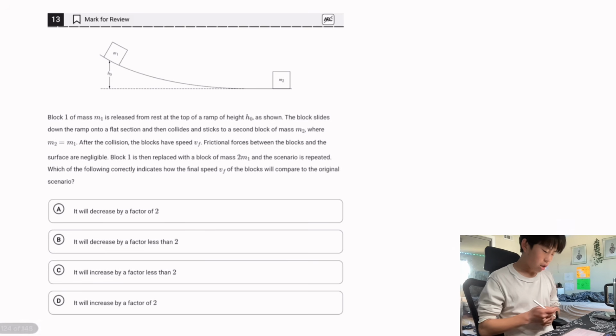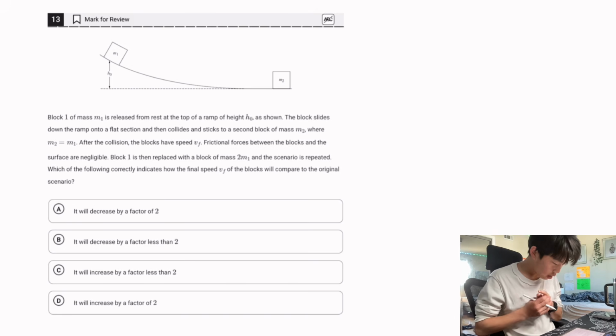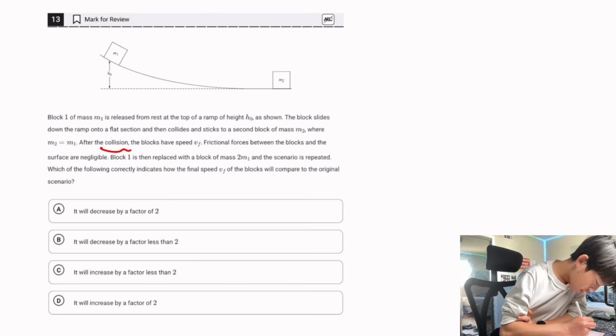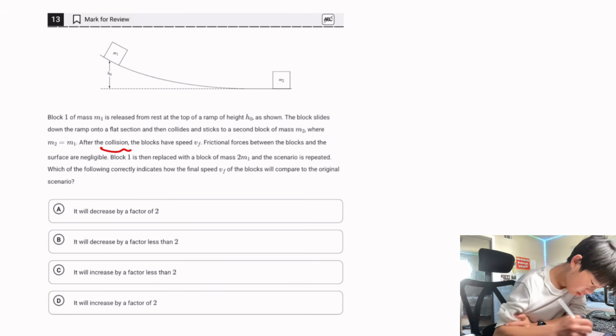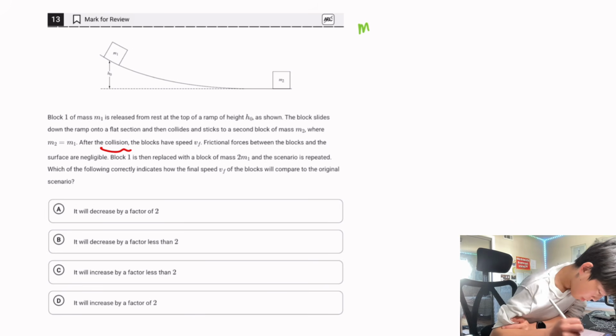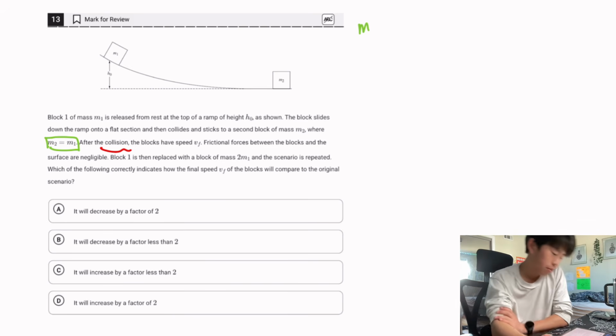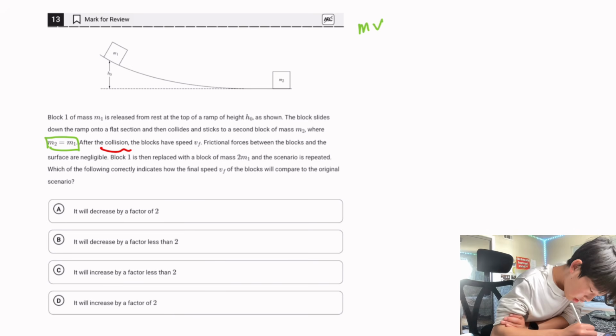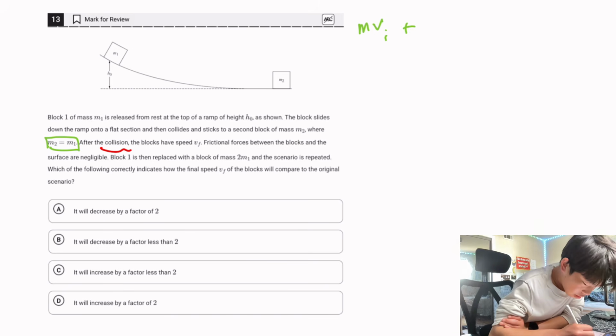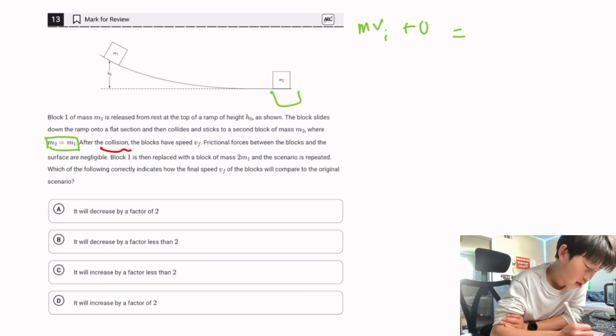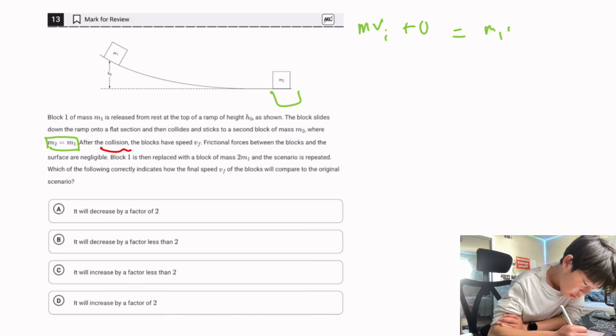Next question. It's asking for final speed, and what I see here is a collision. So we can use the conservation of momentum equation. It says m2 equals m1, so we don't need to write m1. We can just write m times v initial plus 0, because this boy's at rest, equals m1 plus m2 times v final.